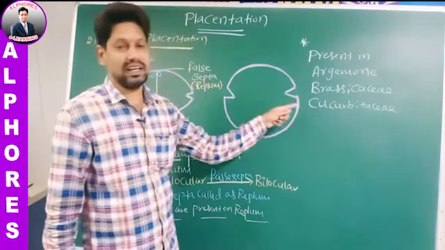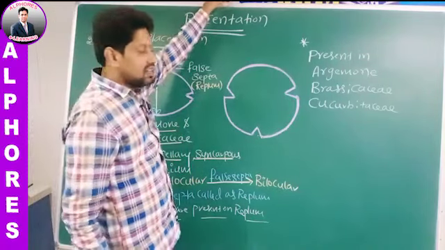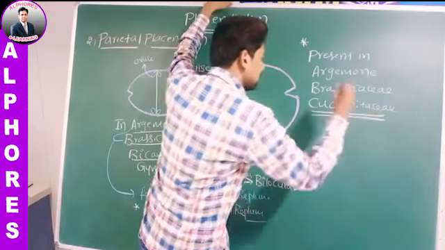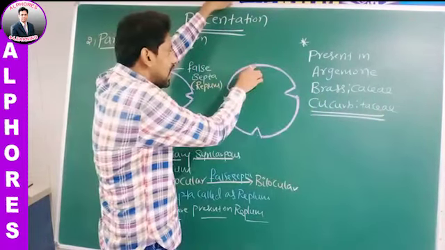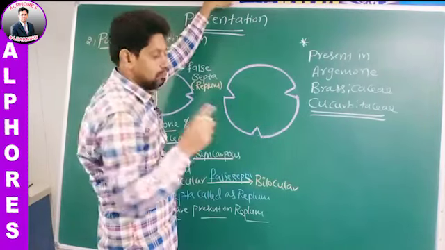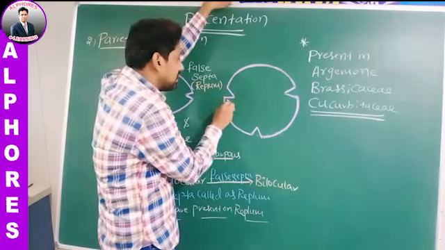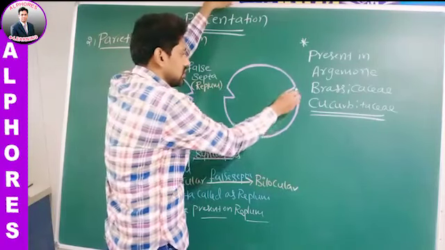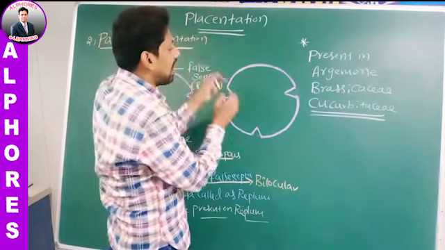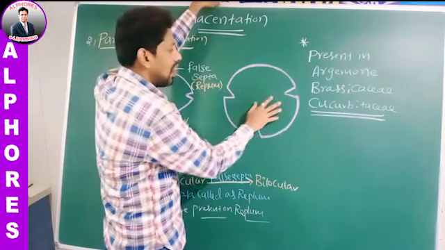Now go for the third example, Cucurbitaceae. In the case of the Cucurbitaceae family, how many carpels are present? 1, 2, 3. Three carpels, tricarpellary. These three carpels are fused, syncarpous. How many locules are present? Only one, unilocular.